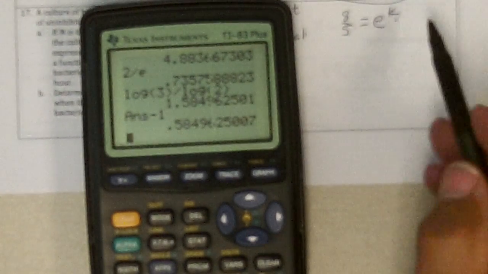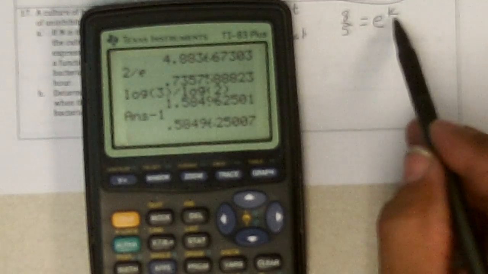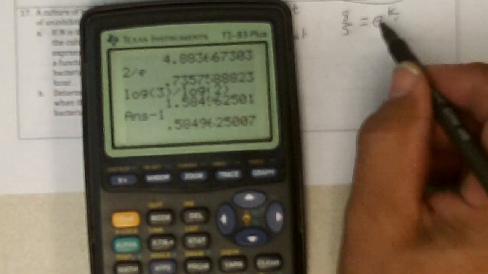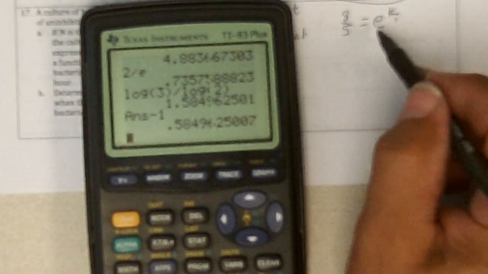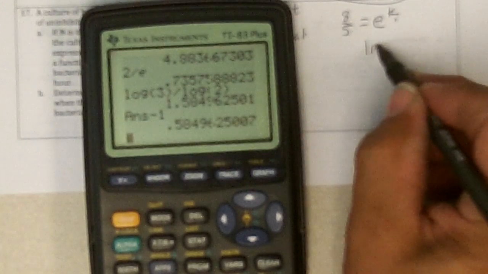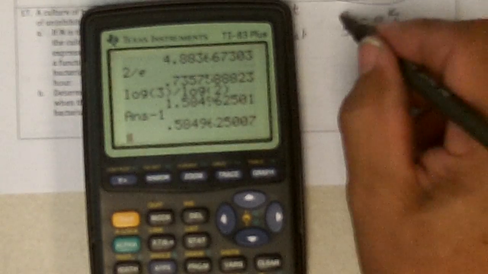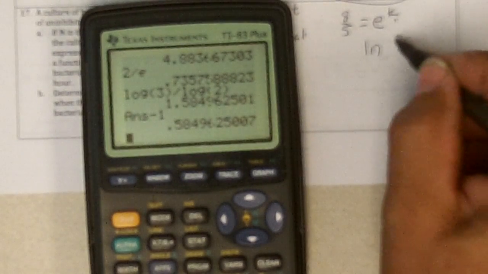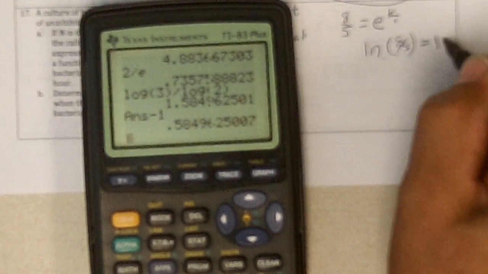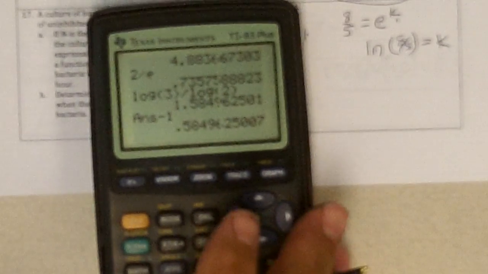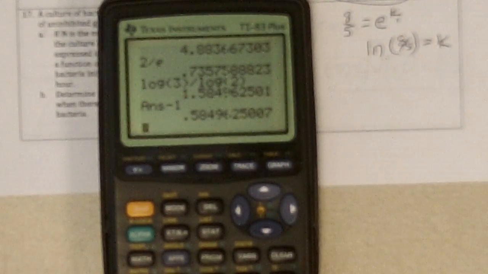Now to find k, we would change this power equation to a log equation. To what power do we take e? So that's log base e, ln, of 8/5 equals k. So let's do that.